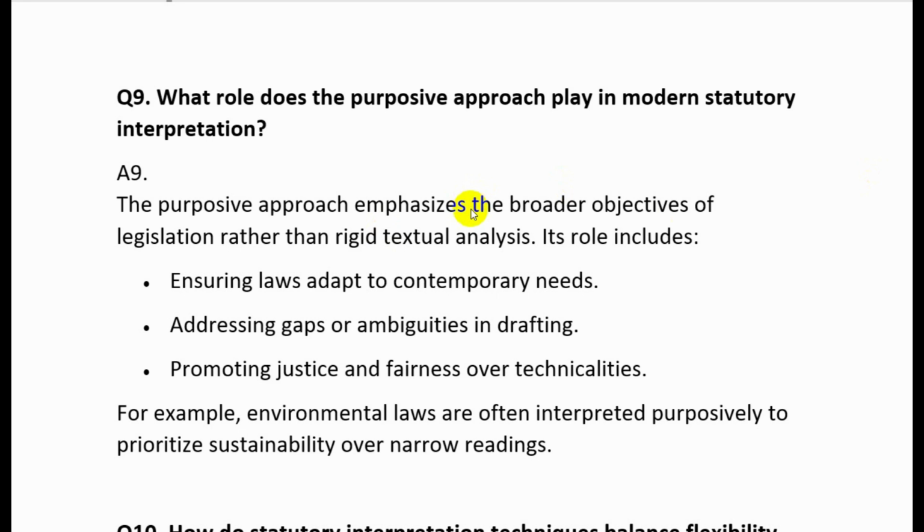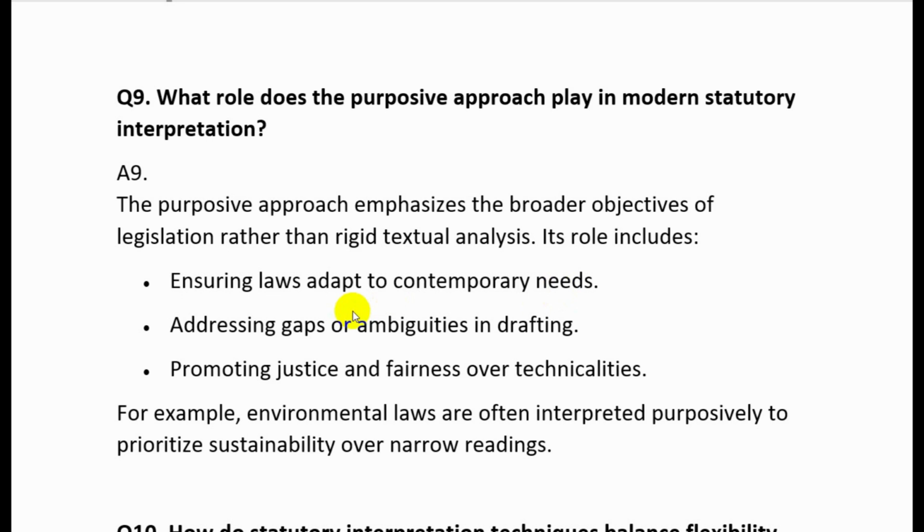What was the objective, the aim of the legislation in bringing those statutes, rather than rigid textual analysis, just not going by the words of the law, but understanding the objective behind getting those laws. So in this approach, what we are looking at is ensuring that the laws adapt to contemporary needs. Contemporary needs means the modern needs, so that the laws are adaptable to the modern requirements of society.